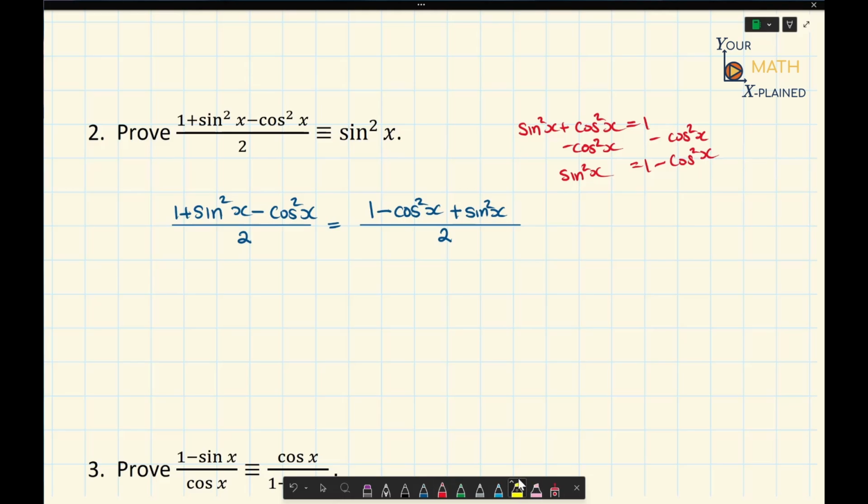So therefore, we can go ahead and replace this 1 minus cos squared x with sine squared x. So then we get this is equal to sine squared x plus sine squared x over 2, which means this is going to be 2 sine squared x over 2. So this simplifies to just sine squared x. And that is exactly the right-hand side. So again, we have proven this identity.